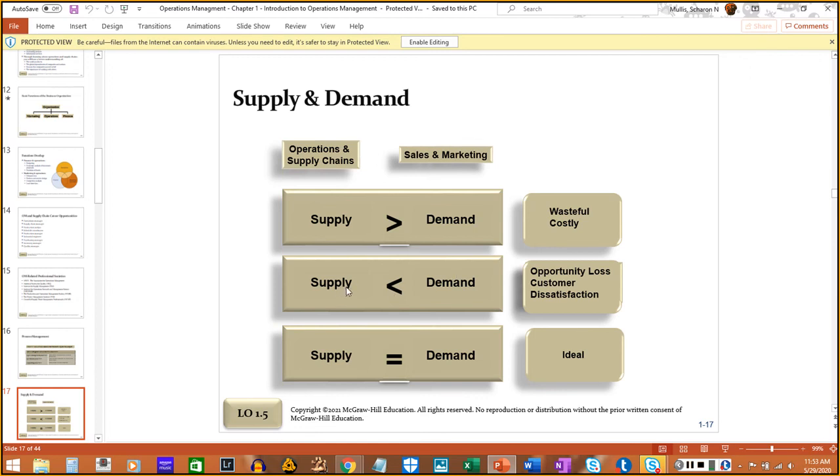So if the supply is less than the demand, sometimes that happens, especially with what's going on now with the pandemic, where the supply of basic cleaning products is being demanded so much that it's difficult to have enough supply.